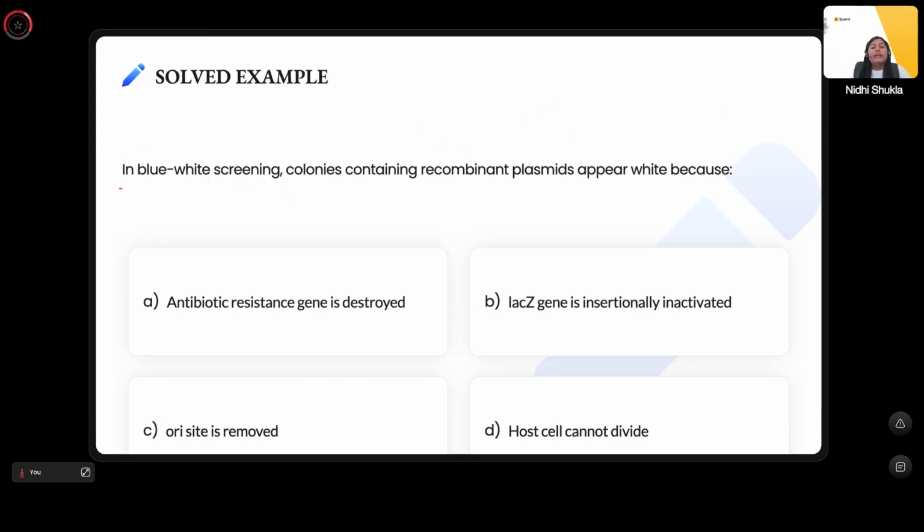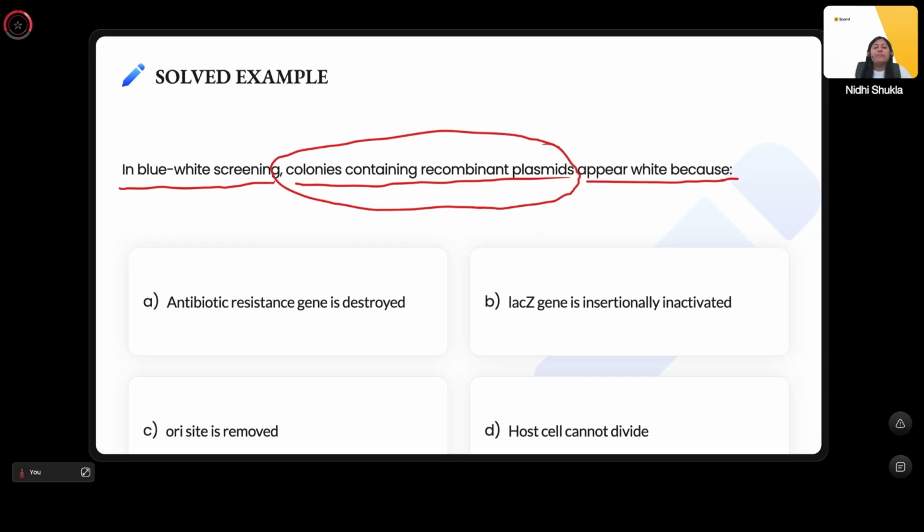Now, in blue white screening, colonies containing recombinant plasmids appear white, whereas non-recombinant colonies appear blue. Why is that?